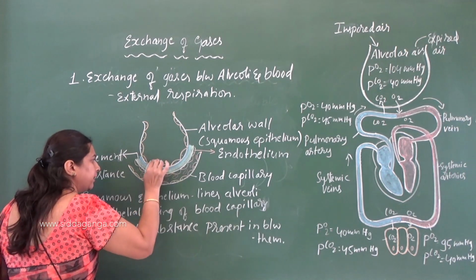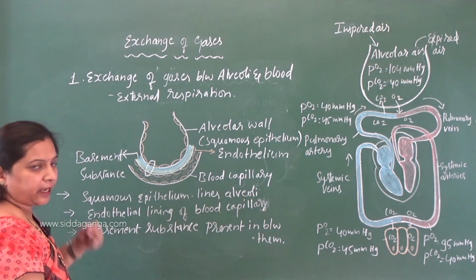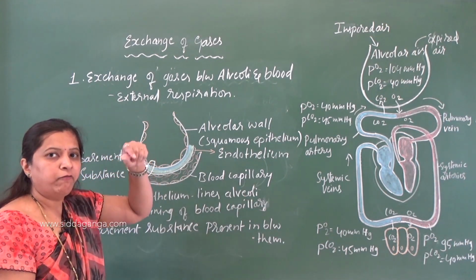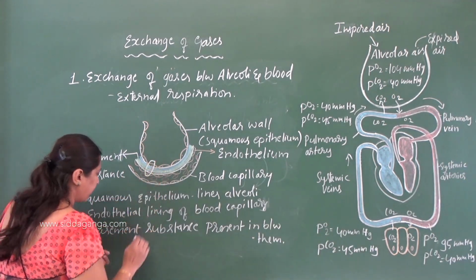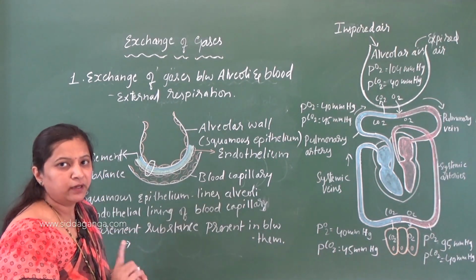For the efficient exchange of gases to take place, the respiratory membrane should be very thin. The thickness of the respiratory membrane is less than 1 millimeter.